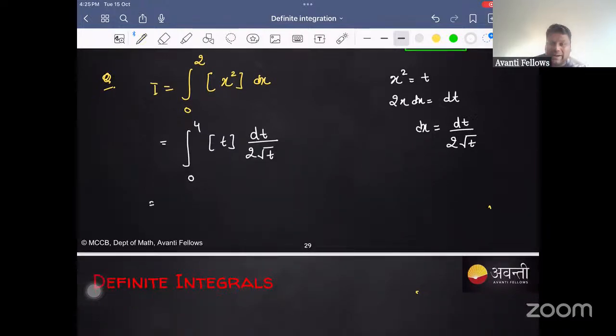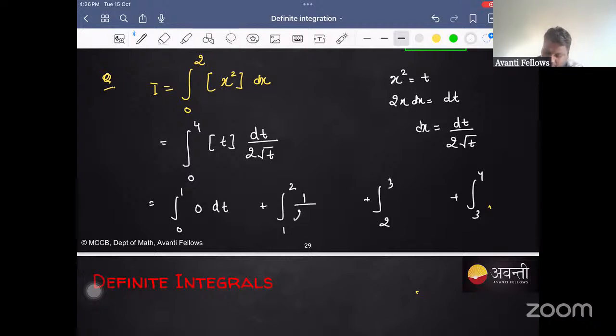Now we have to break this integration: first 0 to 1, then 1 to 2, then 2 to 3, and then 3 to 4. Now what happened between 0 to 1? If t lies between 0 to 1, its greatest integer will be 0. So it will be 0 dt. Between 1 to 2, the greatest integer of t will be 1.